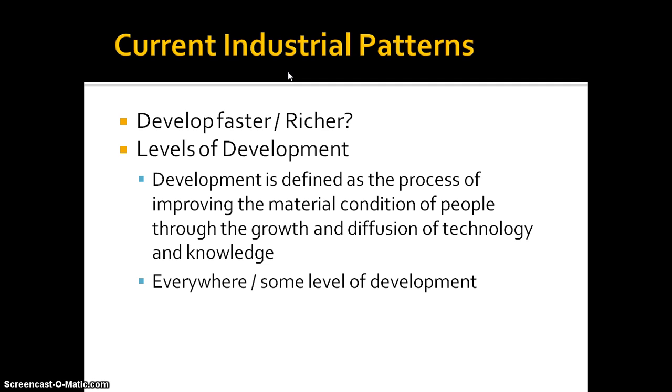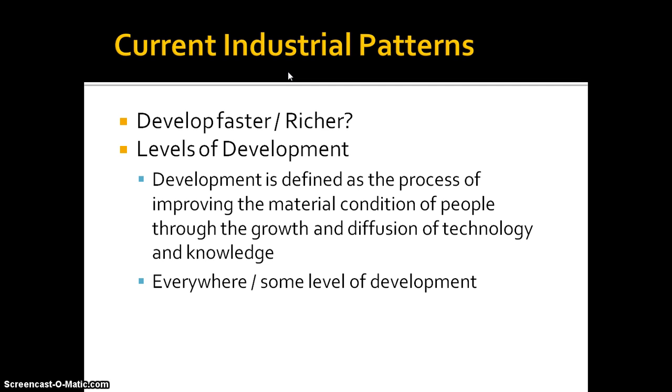So one of the questions that geographers and those who concern themselves with these ideas look at, and we've talked a little bit about this previously in the classes, is that there's a noticeable difference in the development of certain parts of the world. Certain parts of the world have developed faster over time.